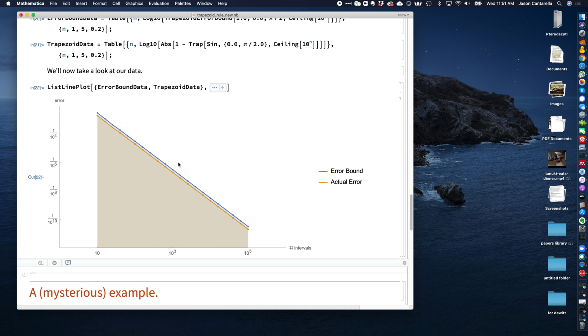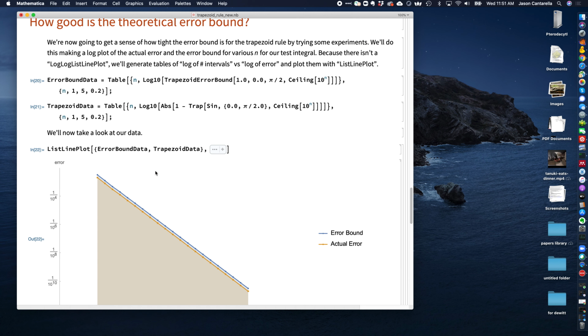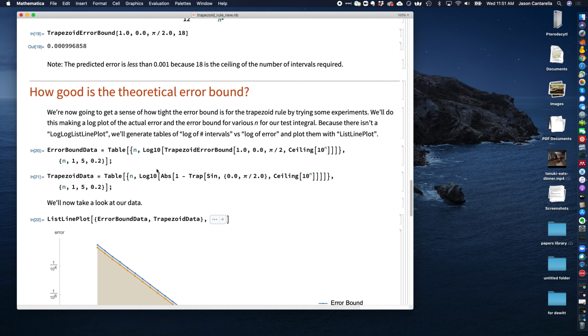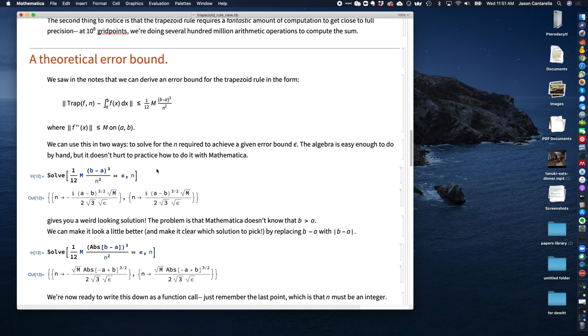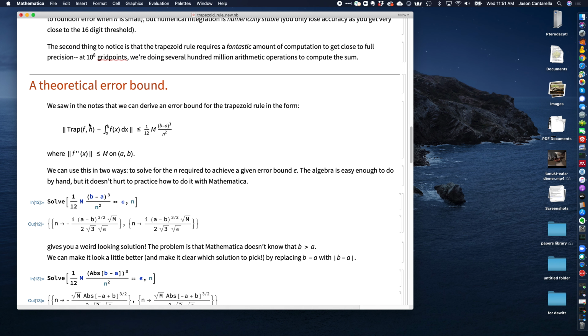Now, I've said that this is a hard bound, and I mean it. But of course, there's a very small asterisk on that, because when we say it's a hard error bound, we mean that the actual sum of those function values differs from the actual integral by less than this.